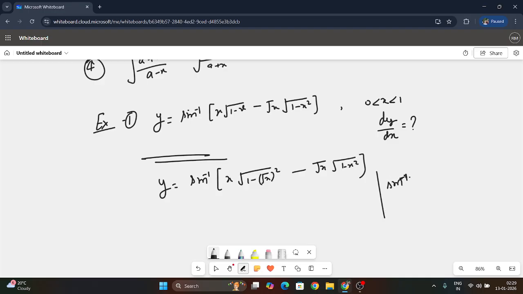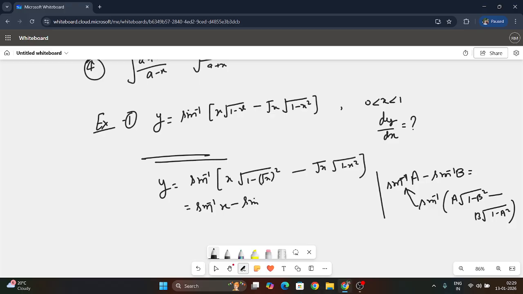Sine inverse a minus sine inverse b is going to be sine inverse of a root of 1 minus b square minus b root of 1 minus a square. This is the formula, so we have to use it. From this given form we have to convert to this form, and that is going to be sine inverse x minus sine inverse root x. I hope it is clear to you.